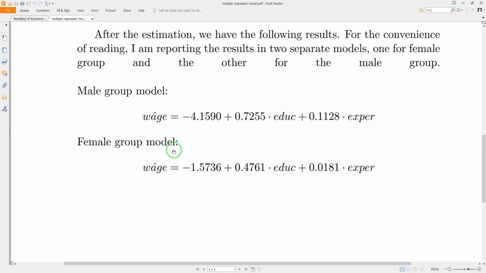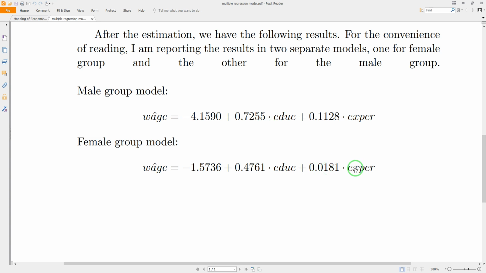However, for the female, you're looking at a different number here. They're starting low, right? If you have 0 education, 0 experience, their starting salary is actually negative 1.57, okay? And for 2 females with the same years of experience, a 1 year increase in education will only give you $0.4761 increase in wage, which is much lower than the male group here.